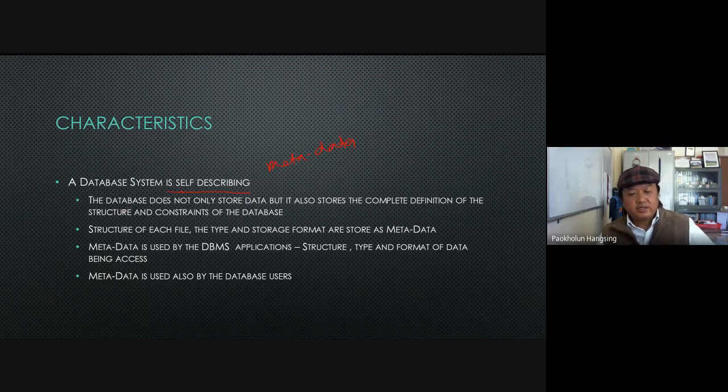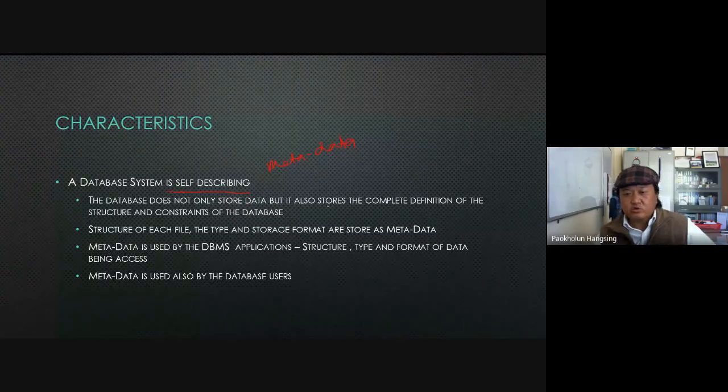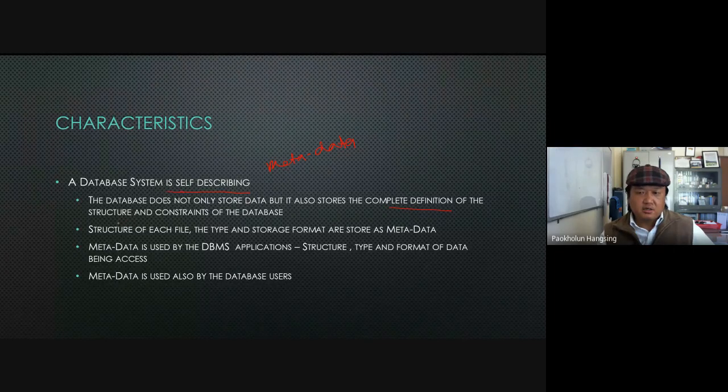The database does not only store data. It is not simply a dumping ground or a bucket where you dump everything, but it also stores the complete definition of the structure, constraints, and data types of a database system. All of those things are also stored. And where is it stored? In the form of a metadata system.